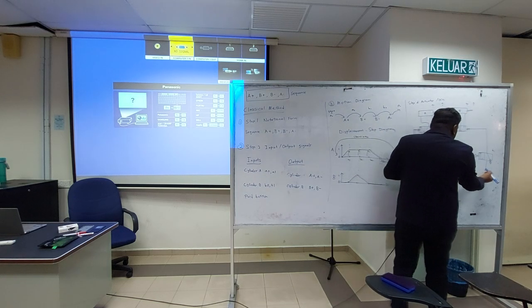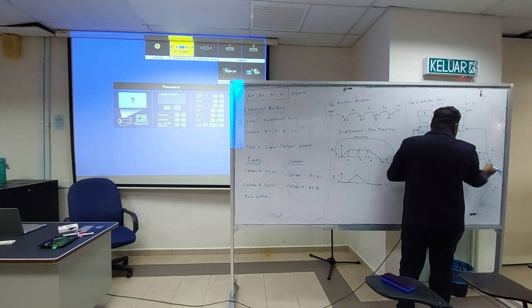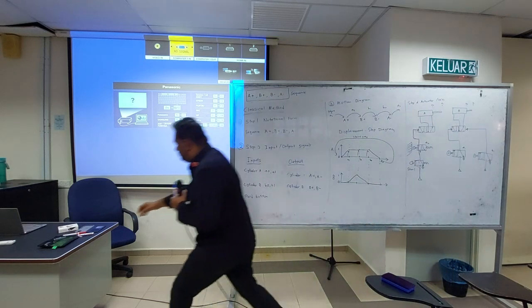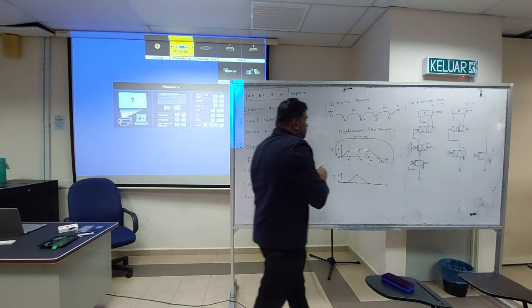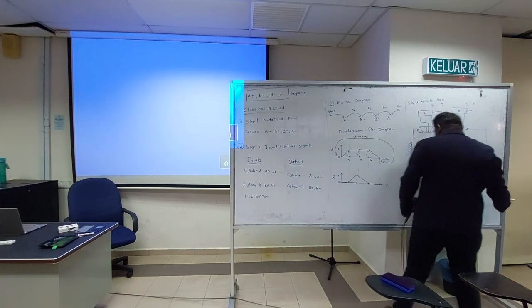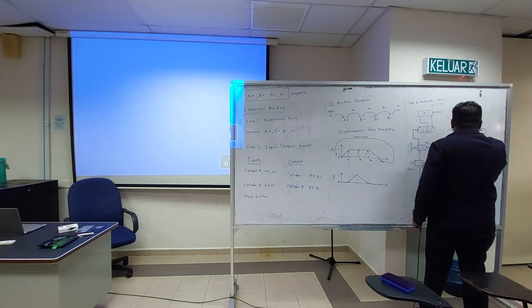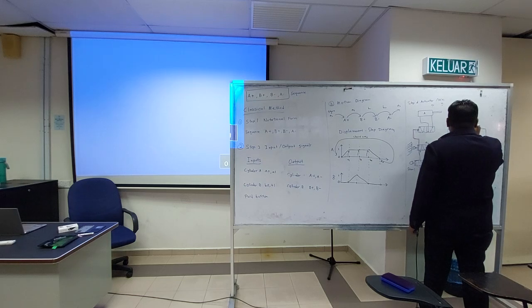So what will happen? So the compressor will enter. Okay, so it will enter like this. So compressor will enter macam ni. So it will go here. It will take from here and it will enter here.